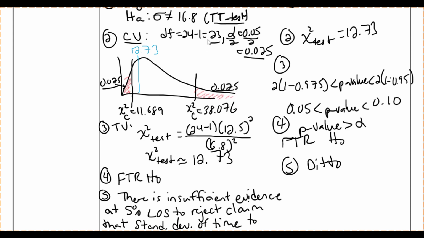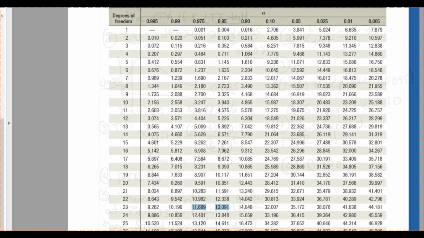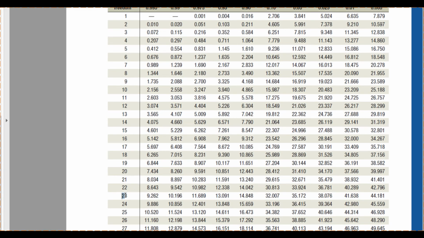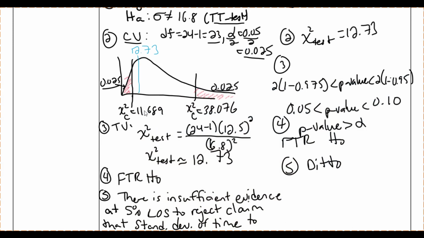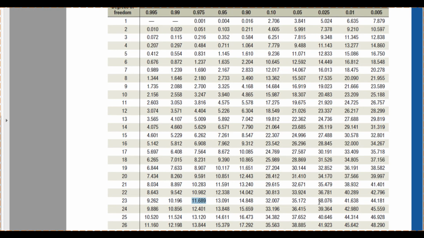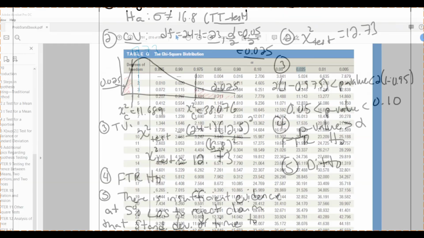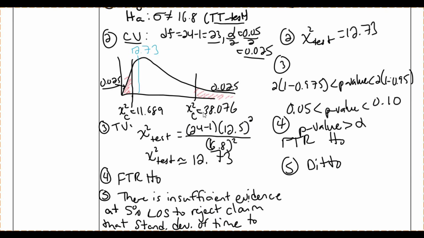If you go to the table for a degree of freedom of 23, for 0.975, our critical value is 11.689, which was the number we got on the left. And on the right side, we got 38.076 for an alpha of 0.025. So that's how I got those two values.